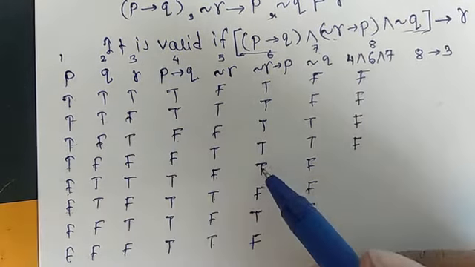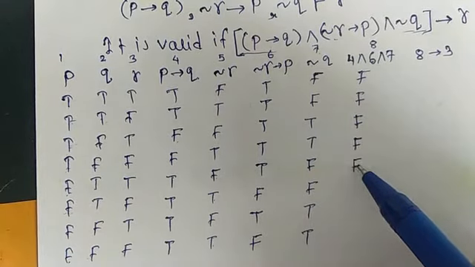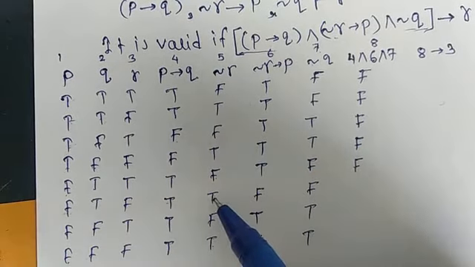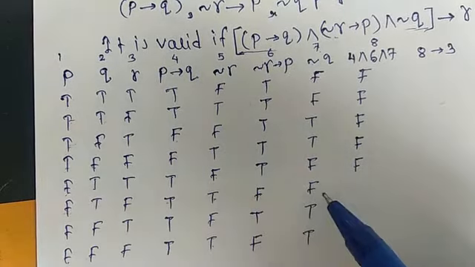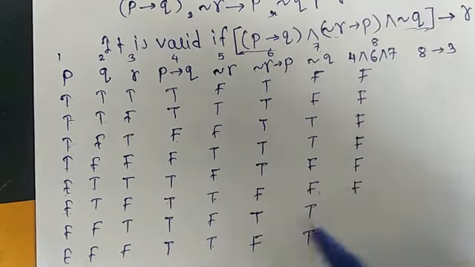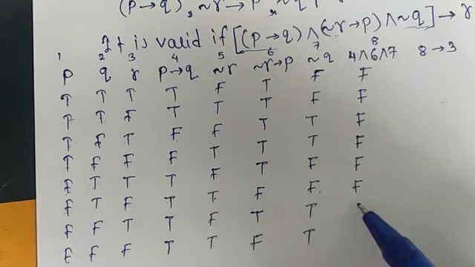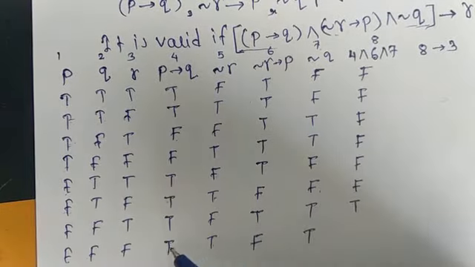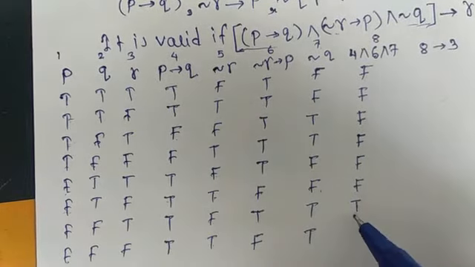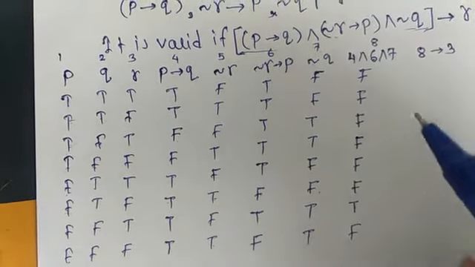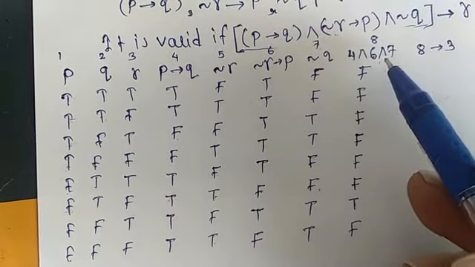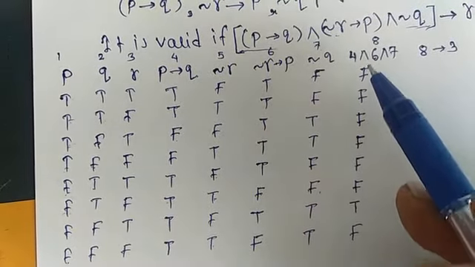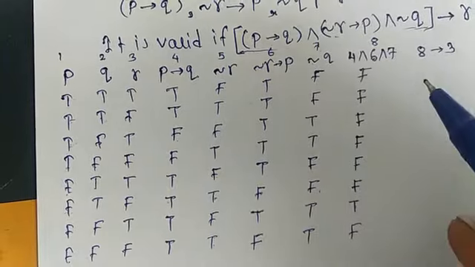Next, true, true, false, it is false. Here true, false, false, it is false. Here three are true, so it will be true. And at last, true, false, true, it is false. For AND, if all three of them are true, then only it will be true, otherwise it is false. If one of them is false, it will be false.